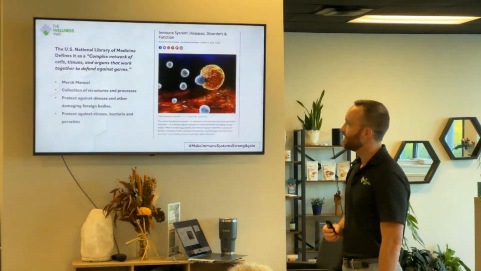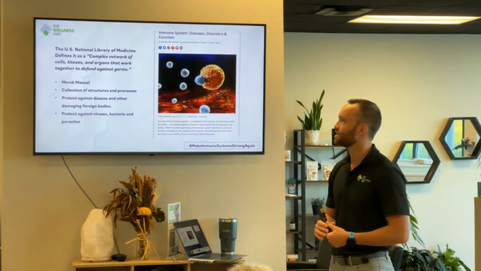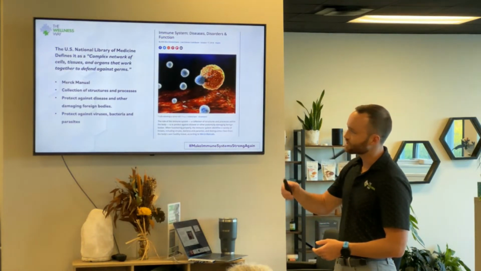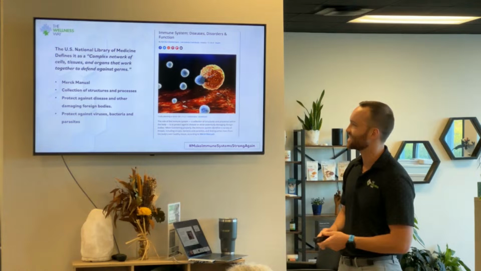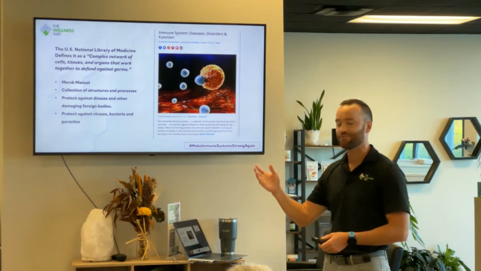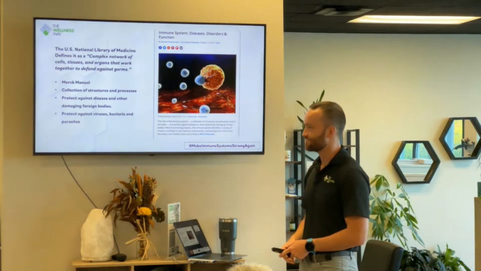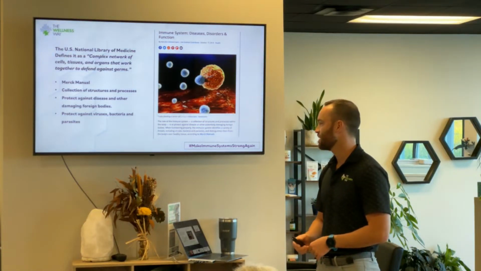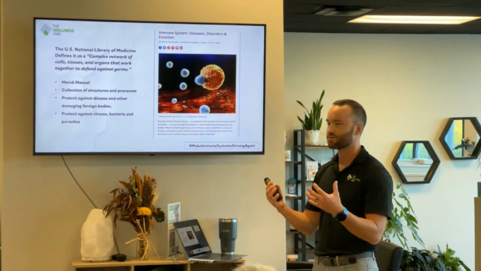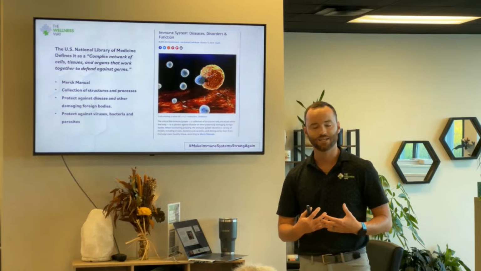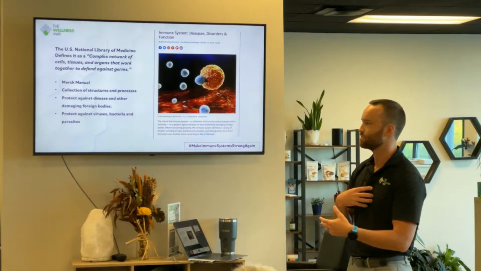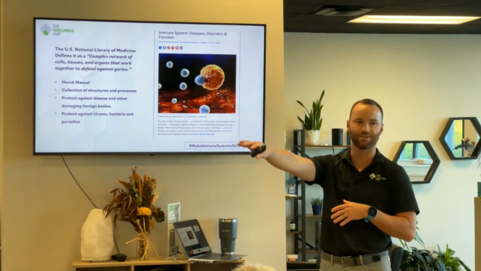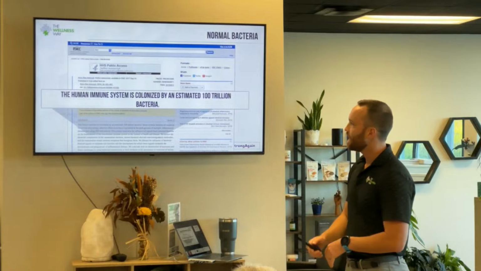So it's a collection of structures and processes that protect against disease or other damaging foreign bodies, such as viruses, bacteria, and parasites. So again, the whole medical definition, everything we have always been taught about the immune system, is our body's response and protection against things in the external environment.